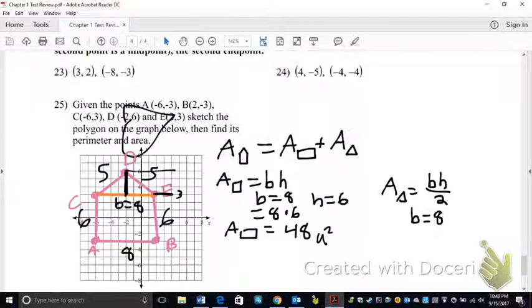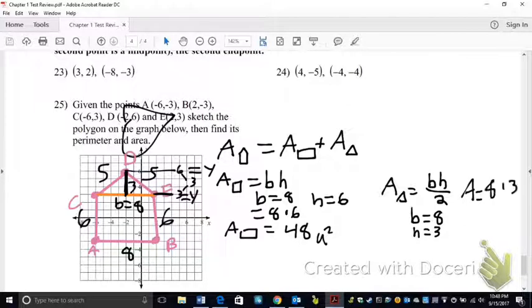Now, we know that here, y equals 3. And up here, y equals 6. So the height, that's from the base of the triangle to the top of the triangle. So the height there is going to be 3. So we're going to go base equals 8, height equals 3.